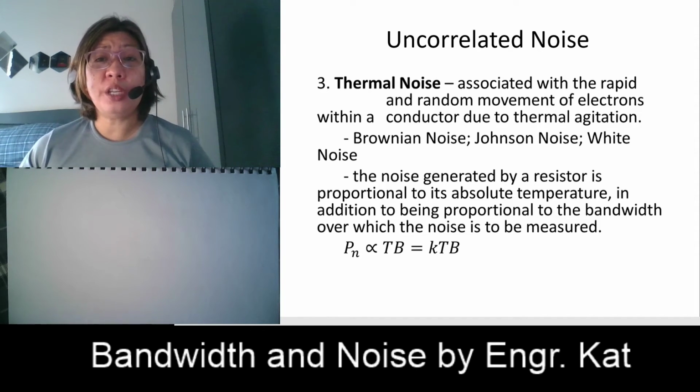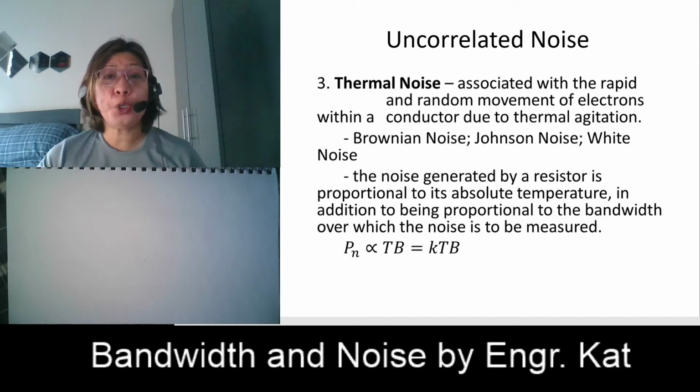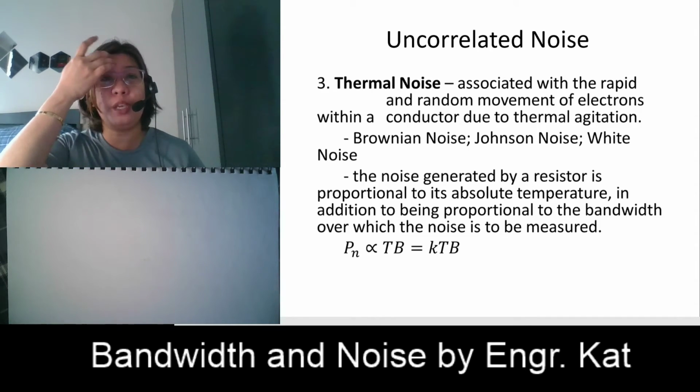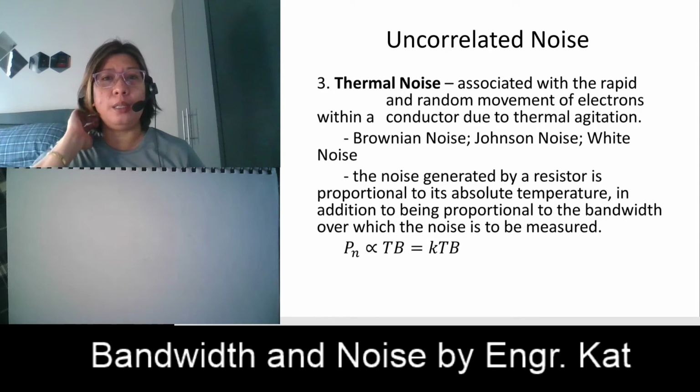The noise generated by a resistor is proportional to the absolute temperature, in addition to being proportional to the bandwidth over which the noise is to be measured. So the noise power is directly proportional to the temperature and the bandwidth. The larger the bandwidth, the more chances of noise entering your signal, and the higher the temperature, the higher the noise power.